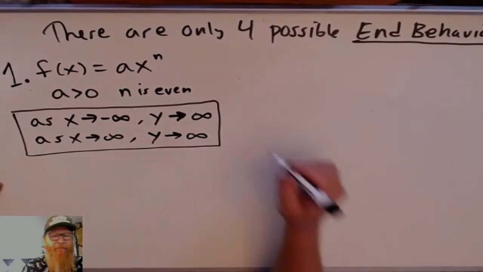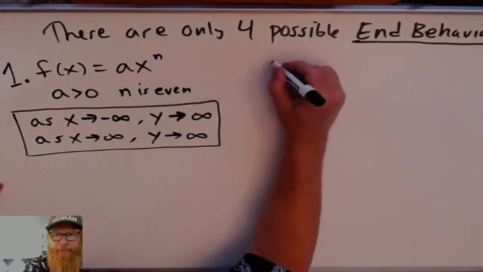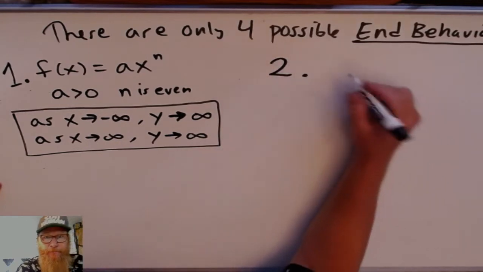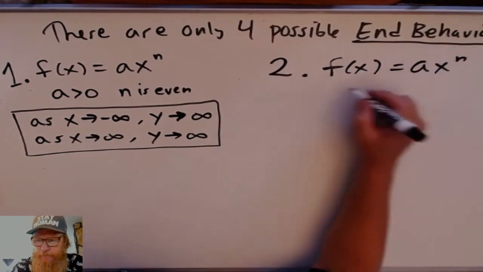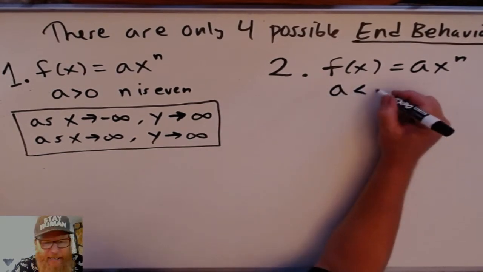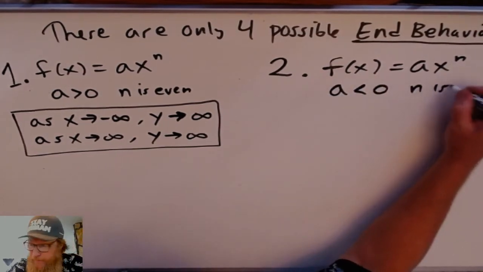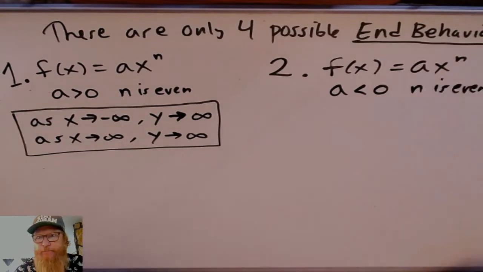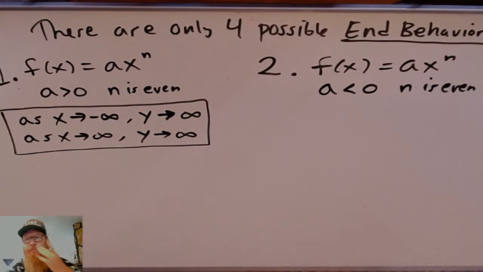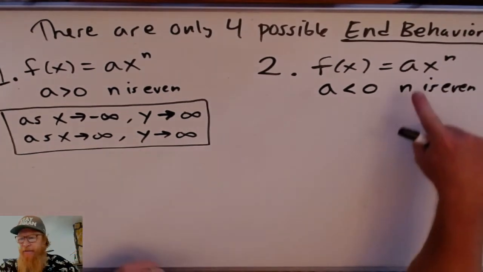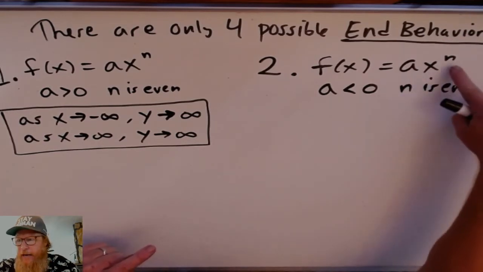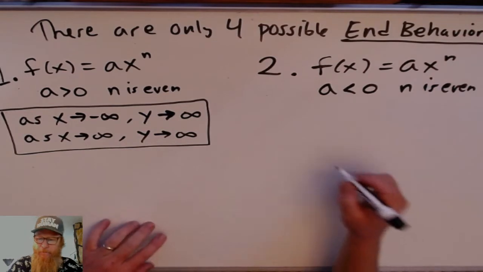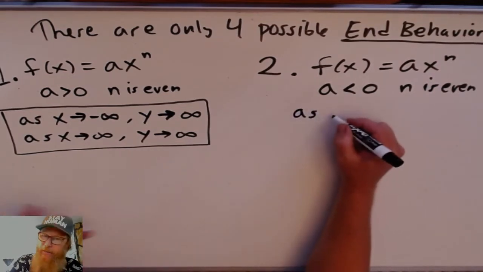The second possibility: a is negative, n is even. So you have a negative constant and an even power. Well, we just did this, right?